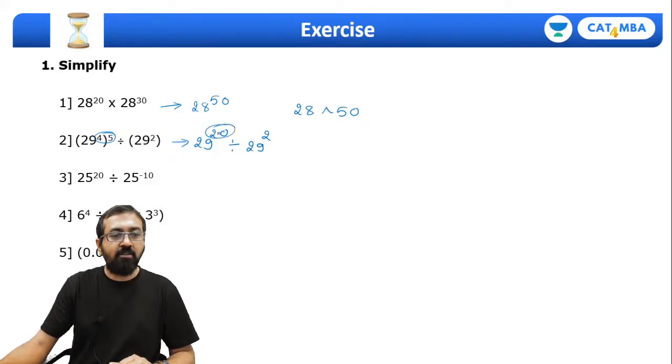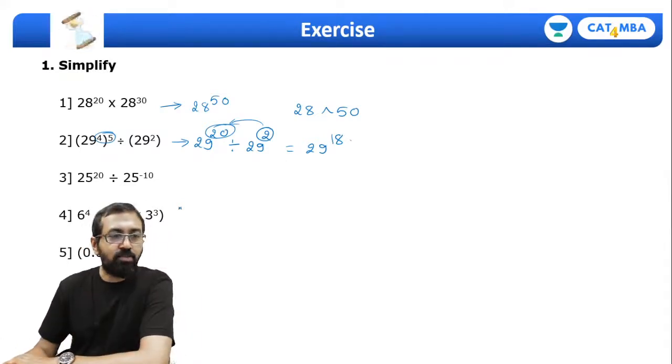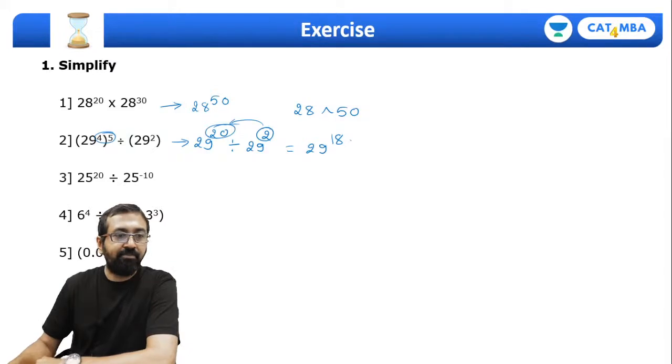So this power will be subtracted from this one, so we will get the result as 29 raised to 18. Isn't that so, everyone? Yeah, that's correct. So this one is 29 raised to 18. Good. Fine.